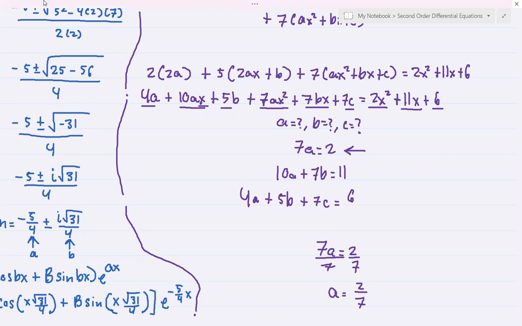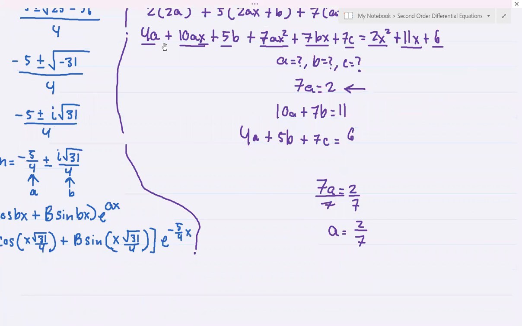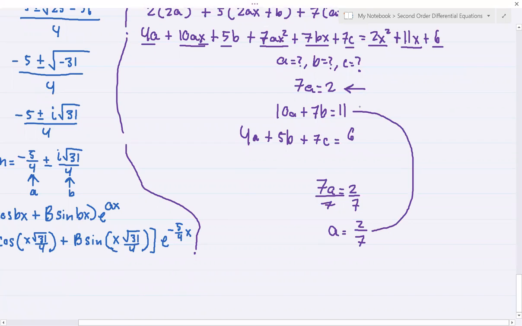So let's start first with your b. We can actually find your b if we substitute your a in this second equation. So we will have 10a plus 7b, sorry, not 5b, 7b equal to 11.